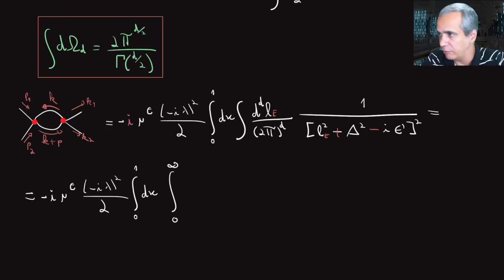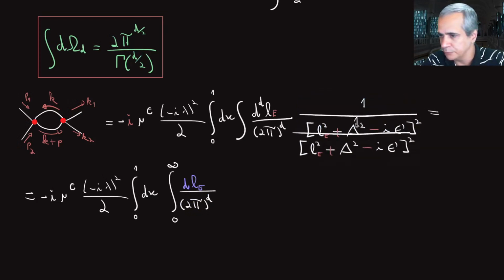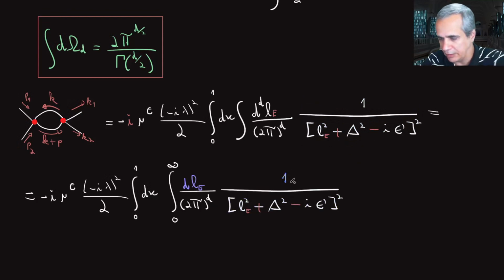So now I have a dl Euclidean over this times this denominator. This does not change. I get also from this part an LE to the power d minus 1.